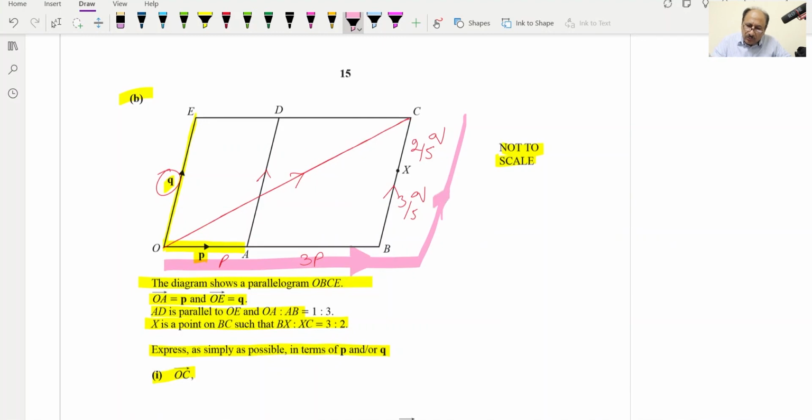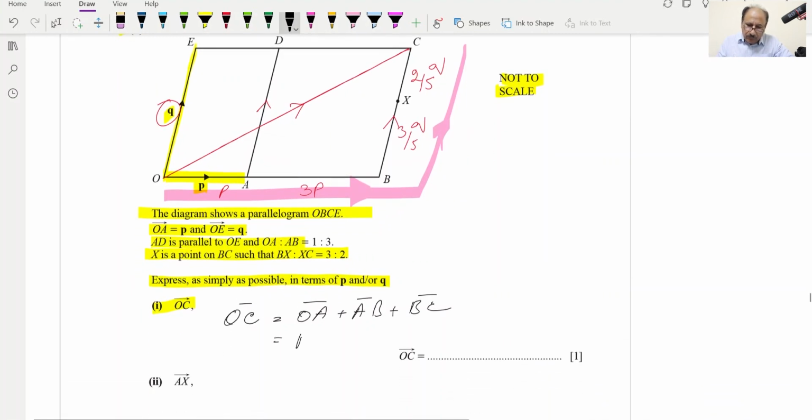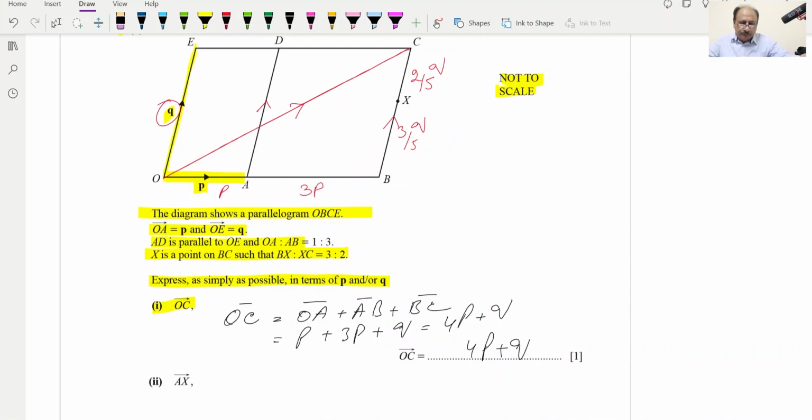So this will be our route. So OC vector is equal to OA plus AB plus BC. These vectors we can add, and this will be equal to P plus 3P plus Q, which is equal to 4P plus Q, and we can write the answer 4P plus Q.